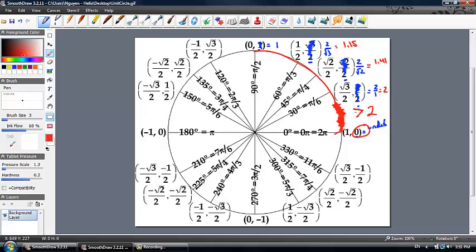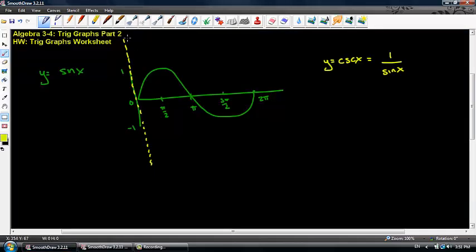So if all of those numbers are greater than 2, we can draw the graph like this. And as it approaches pi over 2, cosecant becomes 1. We can draw an arrow there because it increases without bound as x approaches 0 from the right.